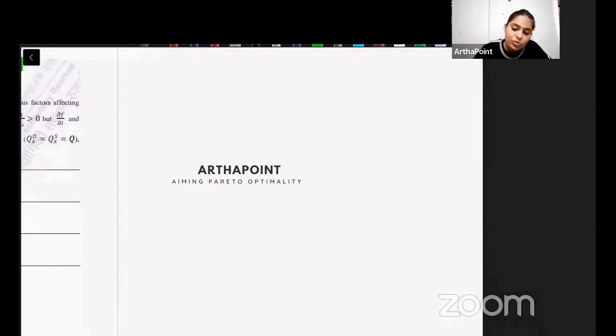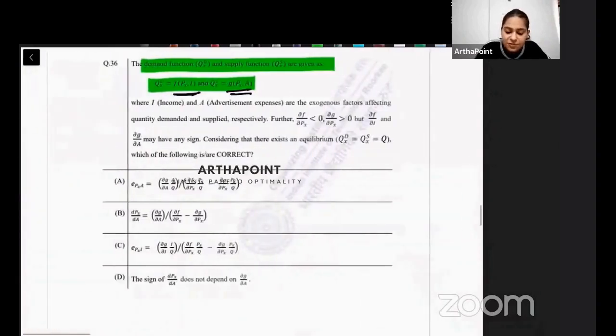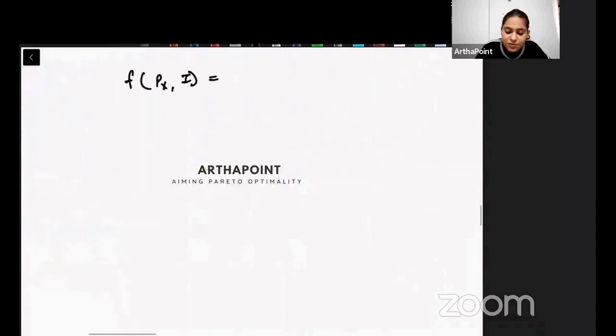So what I'm going to do is equate demand, which is a function of Px and I, price and income, to the supply equation. And supply is a function of Px and advertisement expenditure, so G of Px and A. Now, you must know how to differentiate these functions.